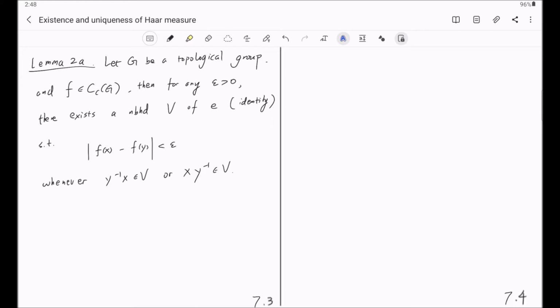So let's prove this. Let us first reformulate this statement. Notice that you can always write x as y times y inverse x.